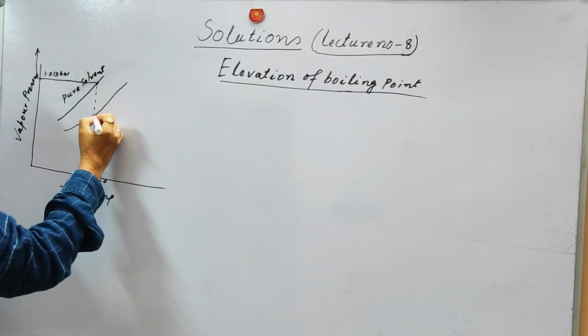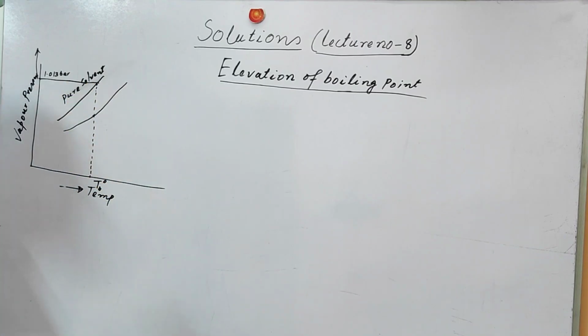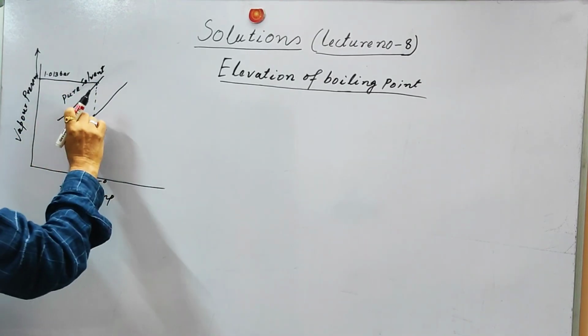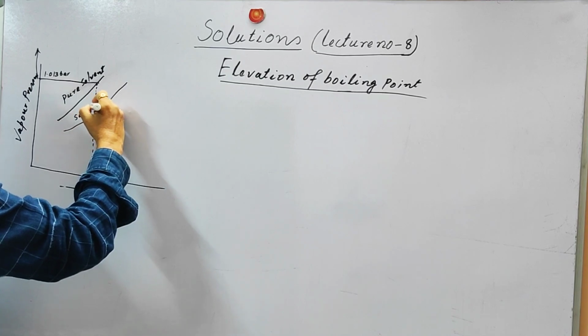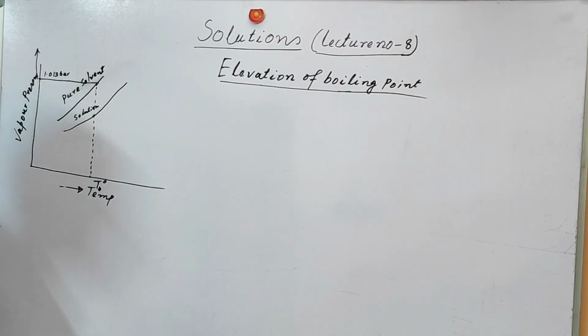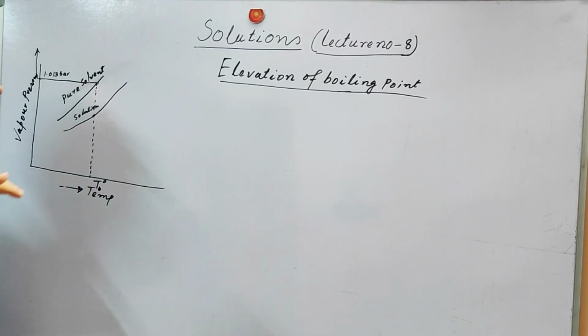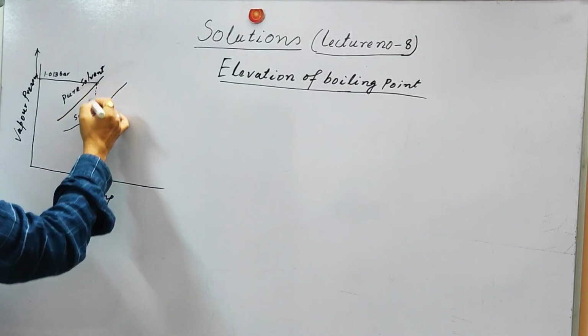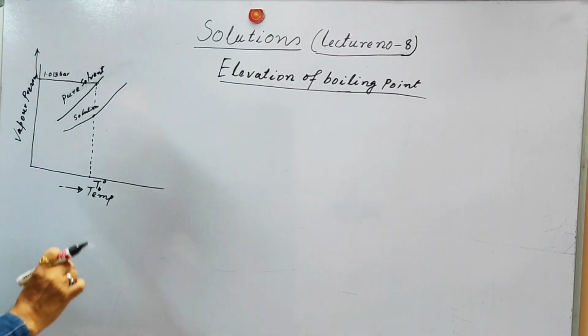So you can see a very important thing. At the temperature at which the pure solvent boils, at that time the solution is not going to boil because it has the lower vapor pressure on account of adding a non-volatile substance. So it will not boil at that temperature. To make this solution boil, what do we have to do?